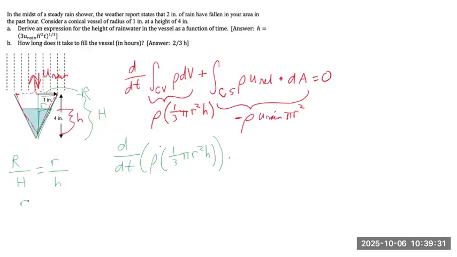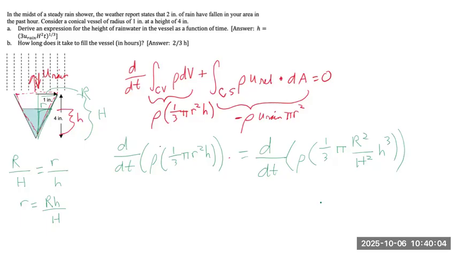And then we can solve for r is equal to RH over big H. And then we can in turn plug it into this equation to get d/dt of rho times 1 over 3 pi r squared over h squared times h squared times h, which is h cubed.